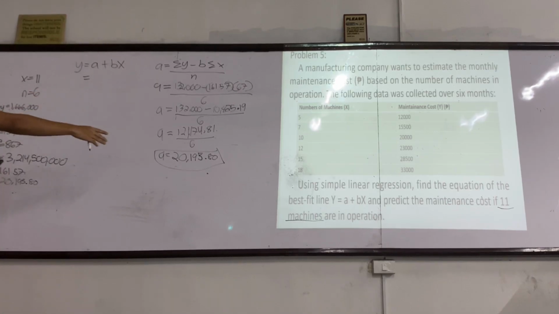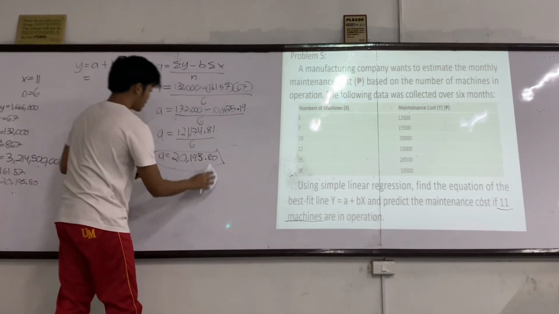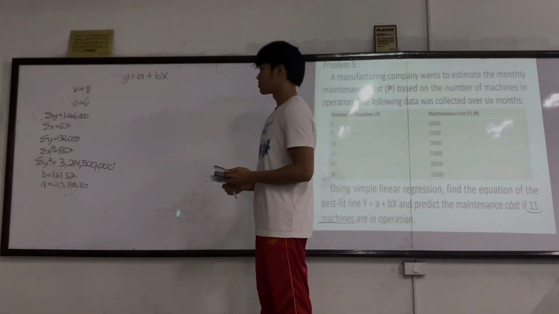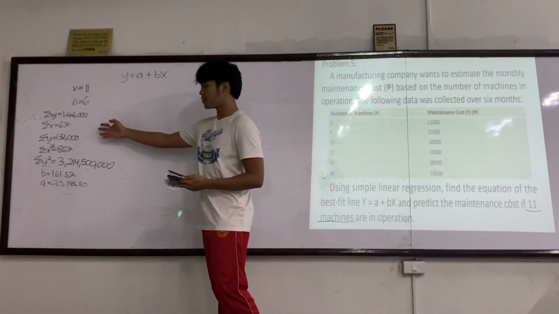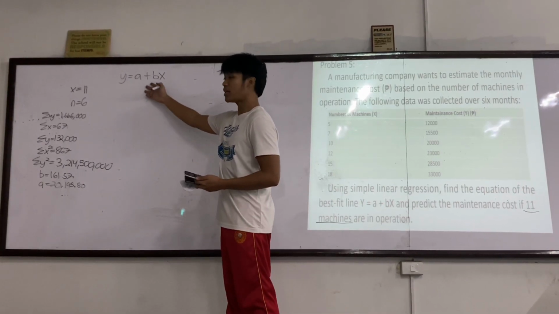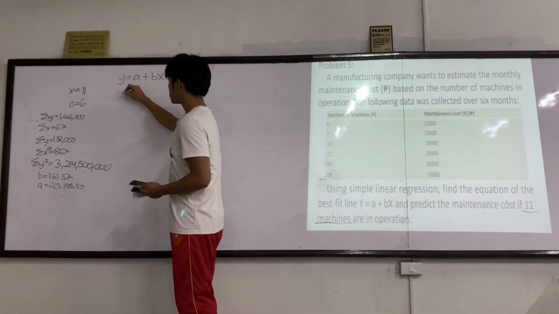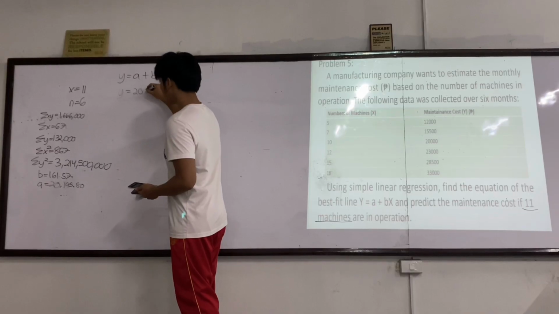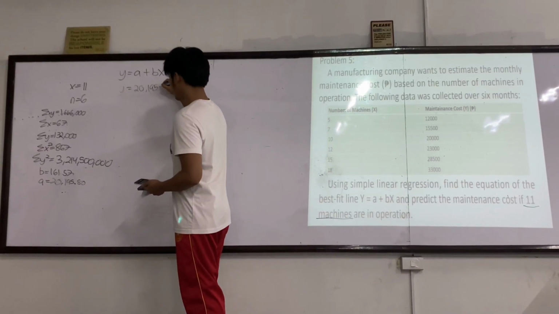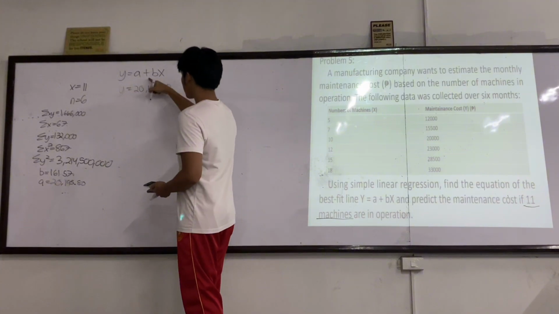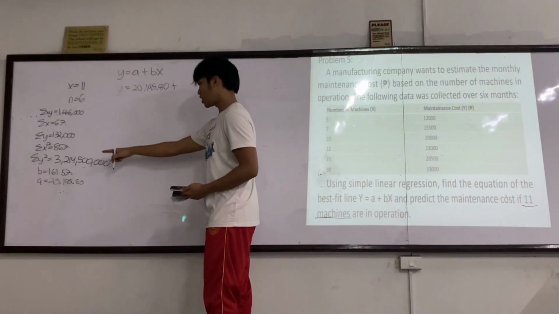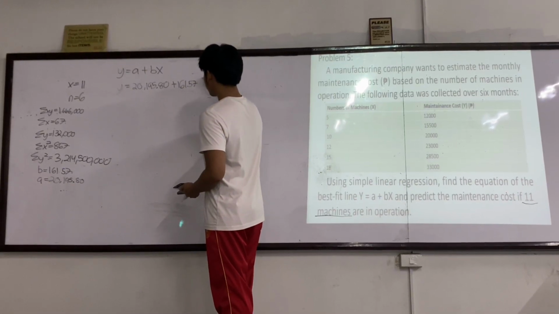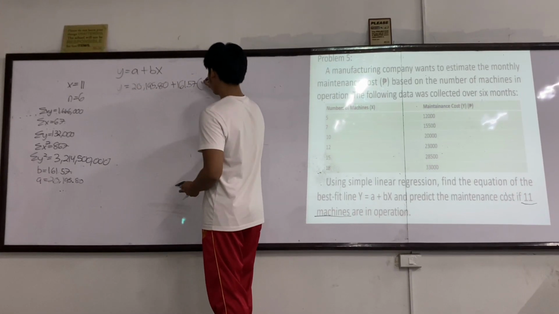So with all these values that we have found, we can now proceed to the main equation in order to find what the problem is looking for. So y is equal to A, which is 20,195.80. Copy the sign plus B, 161.57 times the X, which is 11.